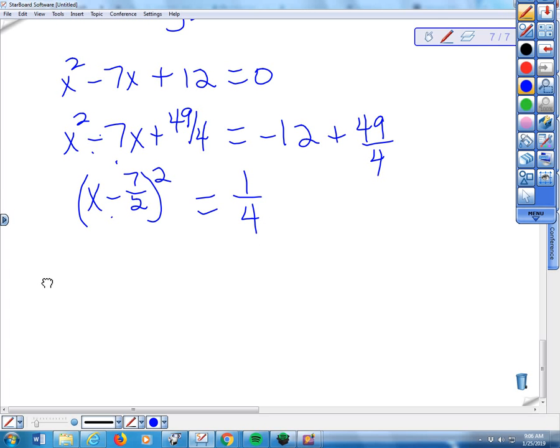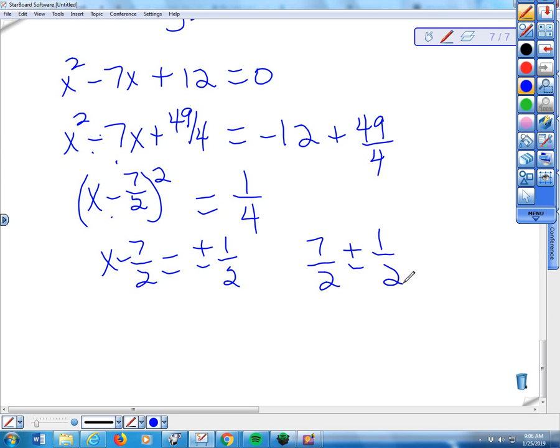Take the square root of both sides. Square root of 1/4 is 1/2. Add 7 halves. And I'm not done. I need a number. I don't want to just leave it like this.